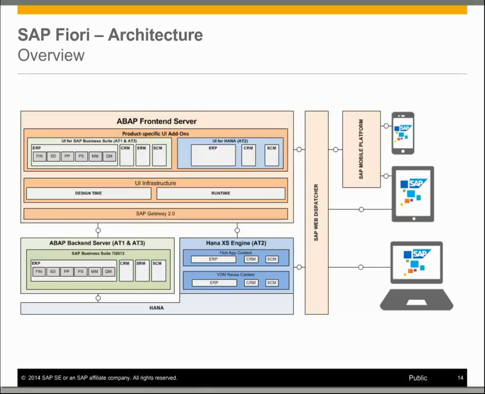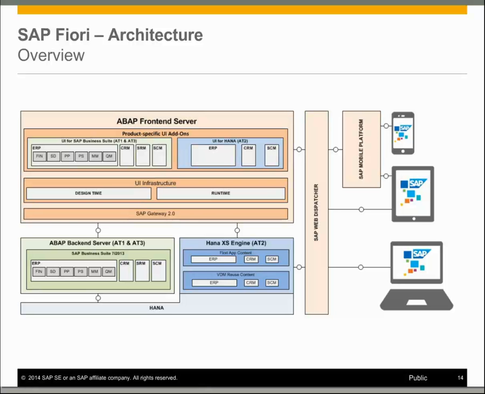Your ABAP front-end server, or front-end technology, is used to build your applications with SAP UI5 technology, which is basically HTML5. All your UI artifacts or UI related objects are developed and deployed with ABAP technology.